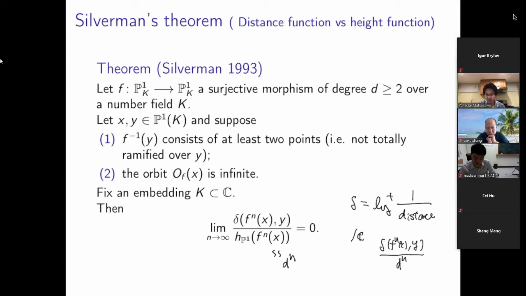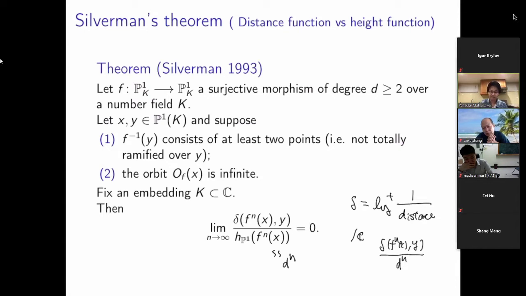So even if y is not a critical point of f, for example a point at which f is not ramified, for such a y there are uncountably many x such that this doesn't go to 0. This is also pointed out in the paper by Silverman. So this is a purely arithmetic statement, and this is very non-trivial.